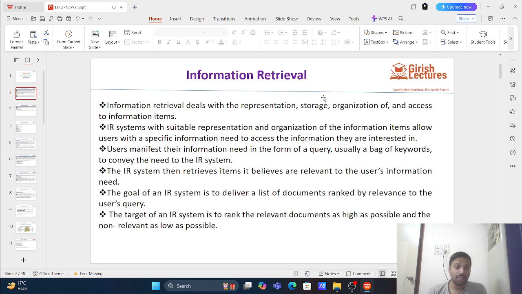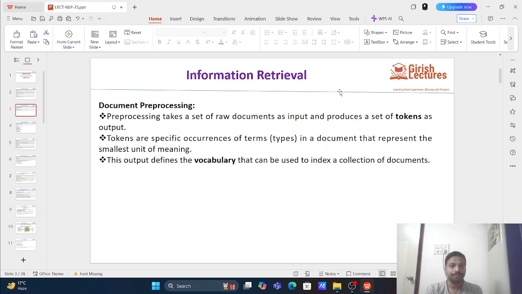We can understand how to raise questions and how to answer questions from whatever we retrieve. Information retrieval systems use some metrics, and among those metrics we are going to learn some today.